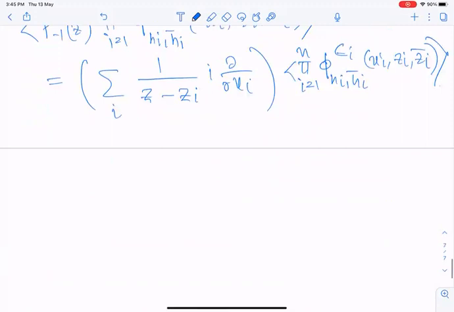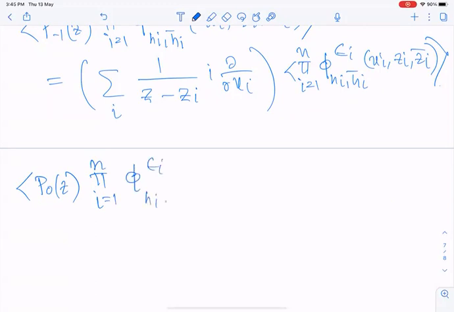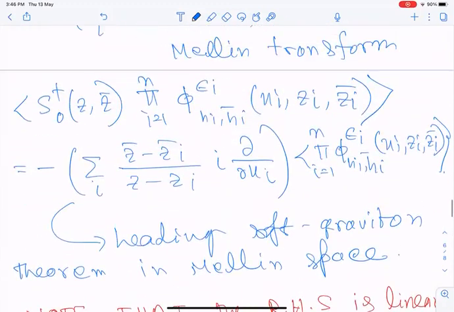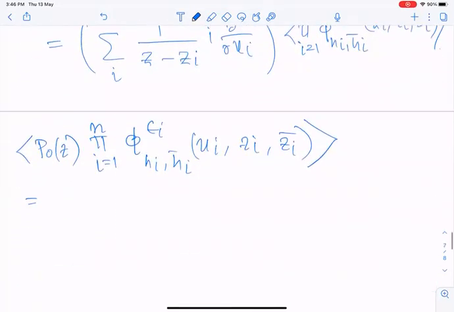And you also have the other correlation function, which is essentially the coefficient of z bar to the power 0. So that has this form. The coefficient of z bar to the power 0 is essentially z bar I.